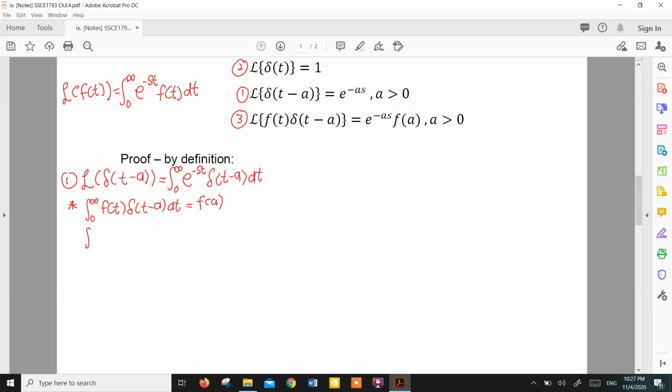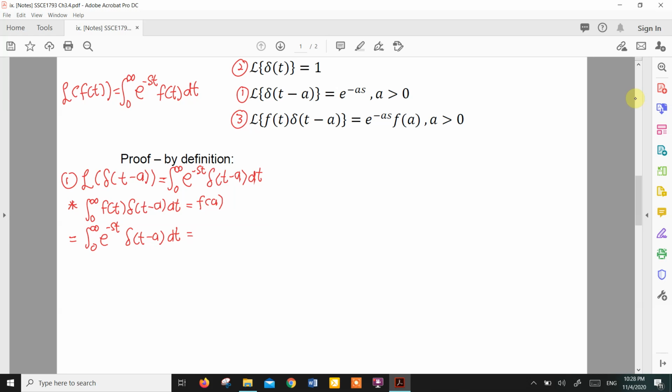Then from here, the integral from 0 to infinity of e negative st delta(t minus a) dt is equal to, now if you have this kind of function, you just copy the function, but you replace t with a.